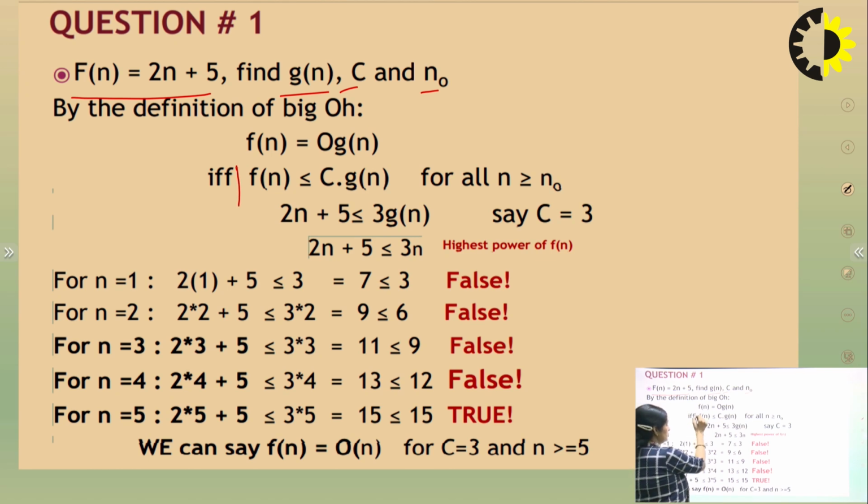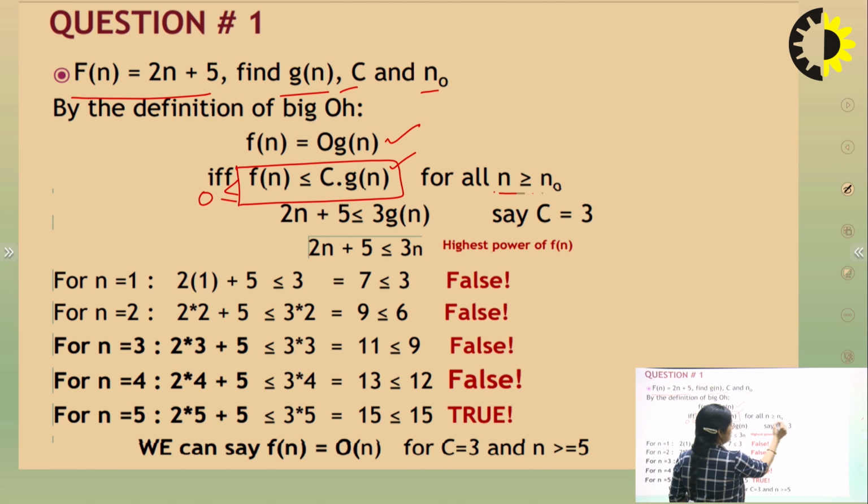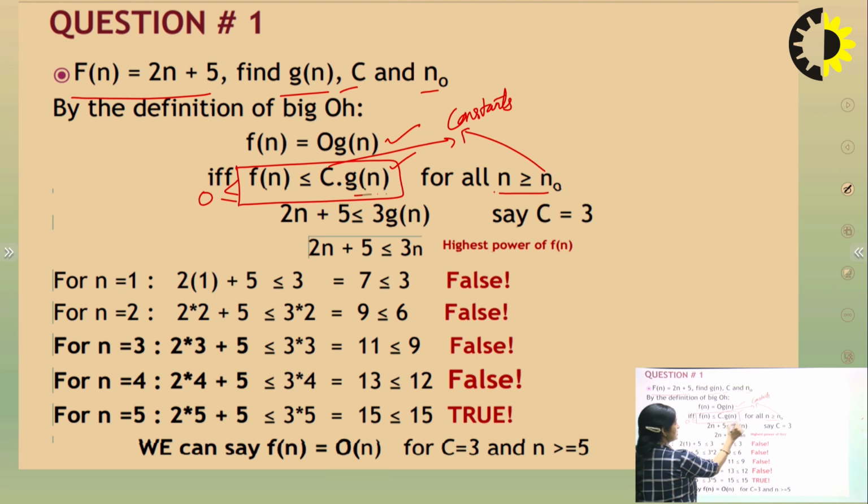You have to satisfy this condition. f(n) is equal to big O of g(n) if and only if the function is less than or equal to c·g(n). This is the condition of big O notation, as I already told you in the previous slide. And f(n) is greater than or equal to 0. This is by default, so no need to write this. Now n is greater than or equal to n0. This c and this n0 are the constants, right? And g(n) and f(n) are the functions.